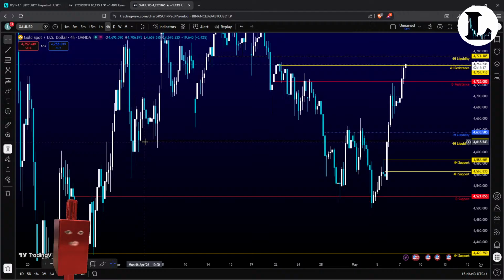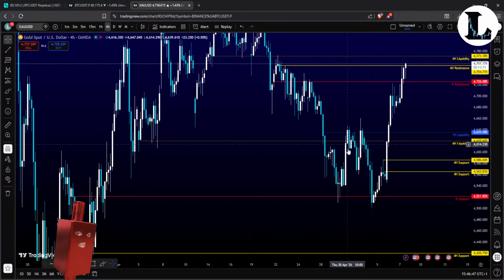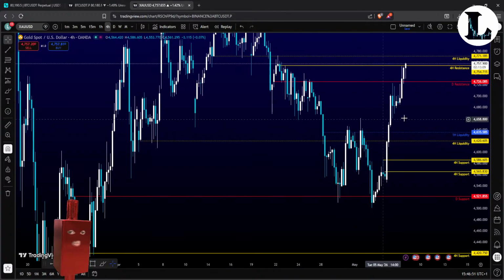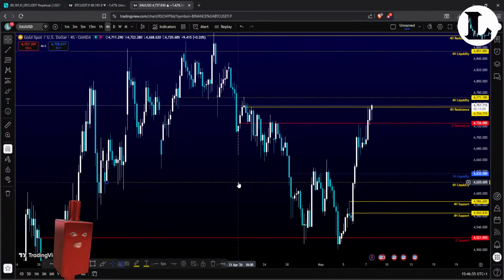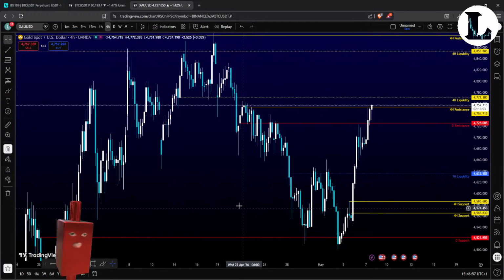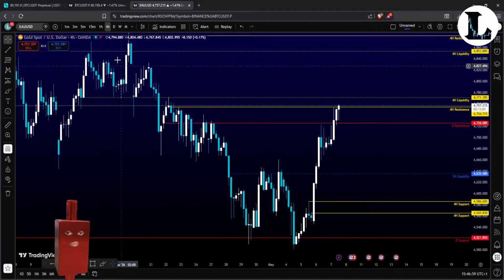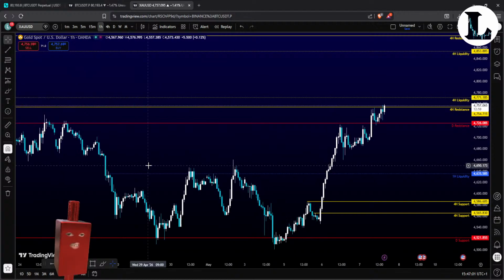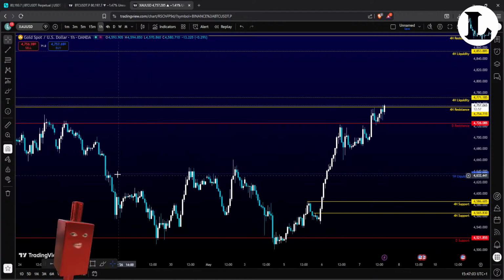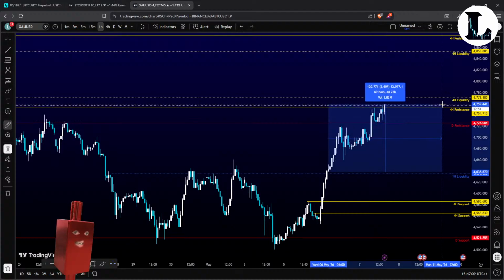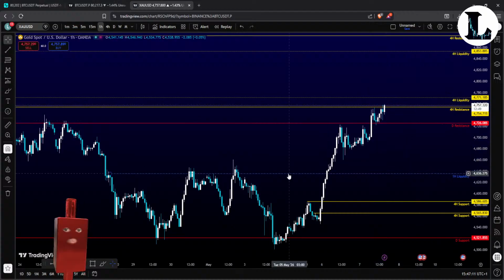We broke up, tried to break that liquidity, and when it breaks, it breaks really hard. And I think we don't need it anymore. I'm not expecting another reaction there. That was a very good 1 hour liquidity level. Okay, when it breaks up, it also breaks up really hard, 2.6% up.